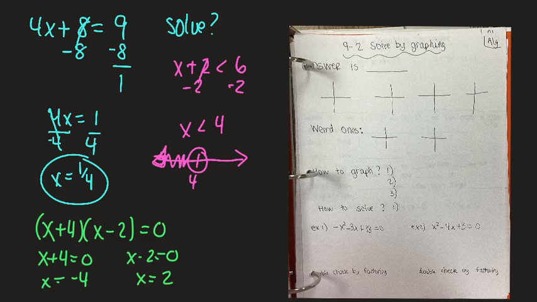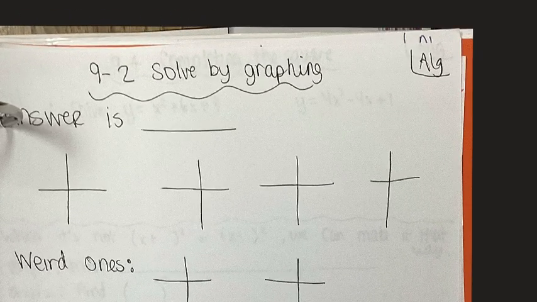We had two answers. Up here we had one answer. Up here we had a lot of answers, so we drew a number line. Sometimes we would factor and solve meant set it equal to 0, and we would get two answers. Okay, today we're going to solve, but our strategy is solve by graphing.